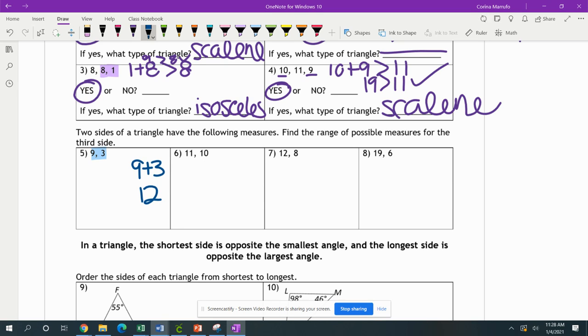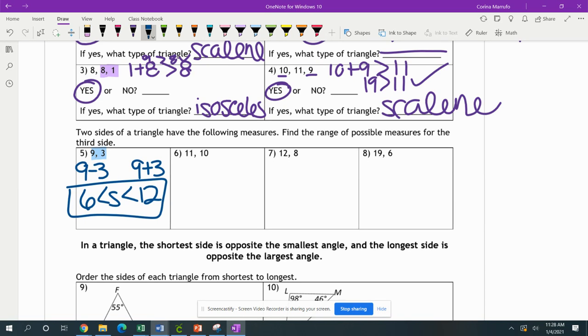So the numbers could be 12, okay? And then you're also going to take the two numbers and subtract them. So 9 minus 3 gives us 6. So that means our side has to be greater than 6, but less than 12. So that's how you would write it out, okay? So that's all you have to do with these two.